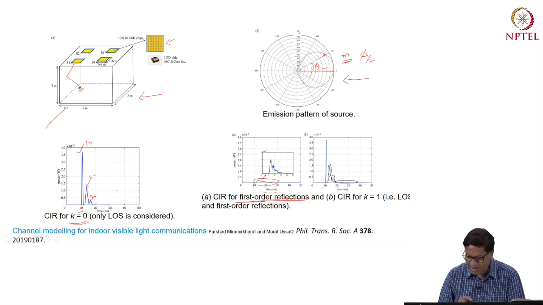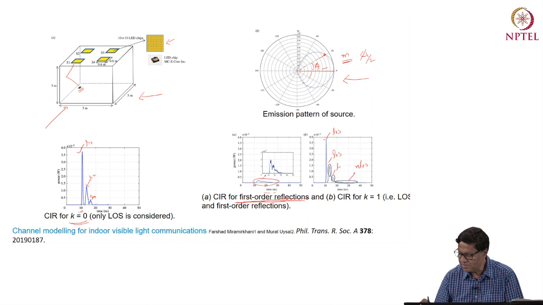And if I combine both the line of sight and the non-line of sight, considering only first order, one reflection, then what you get is, this is because of the source which is closest to the receiver, some other source, a third source, and this is a contribution from non-line of sight. So these are the LOS components from different sources.